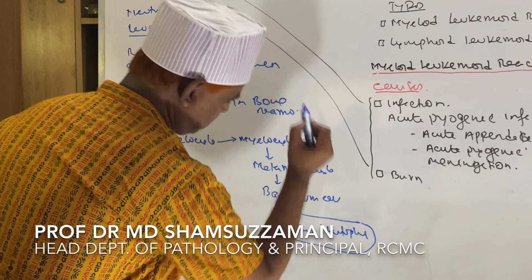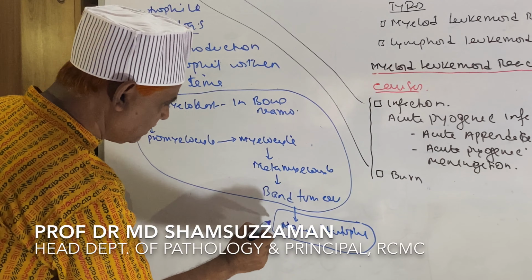So all these cells are present in the bone marrow.